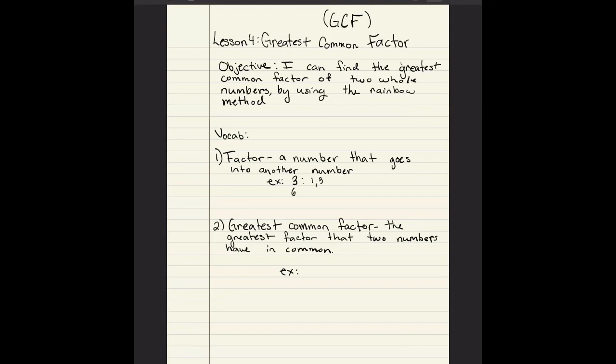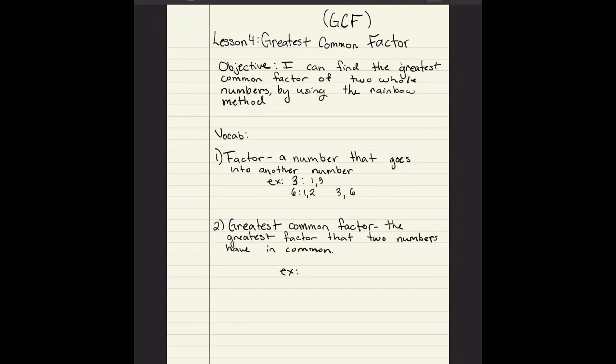If you're looking at 6, 1 can go into 6, and you multiply 1 by 6 to get 6. And 2 can multiply by 3 to get 6. And that's all the factors. So your factors are the numbers that can be multiplied together to get another value.